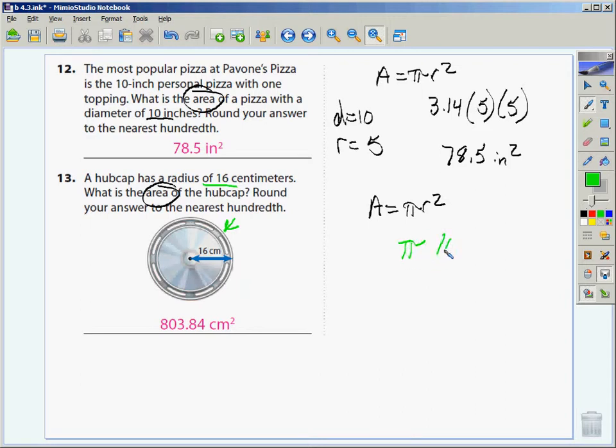I'm taking pi times 16 squared. 3.14 times 16 times 16. I get exactly what you see here, 803.84, and it would be centimeters squared because they're talking about area.